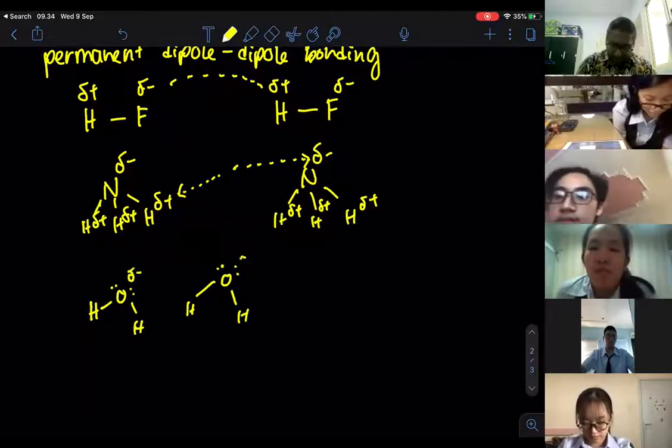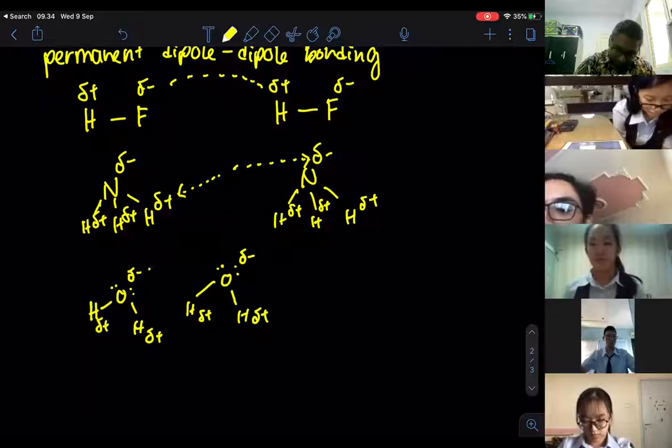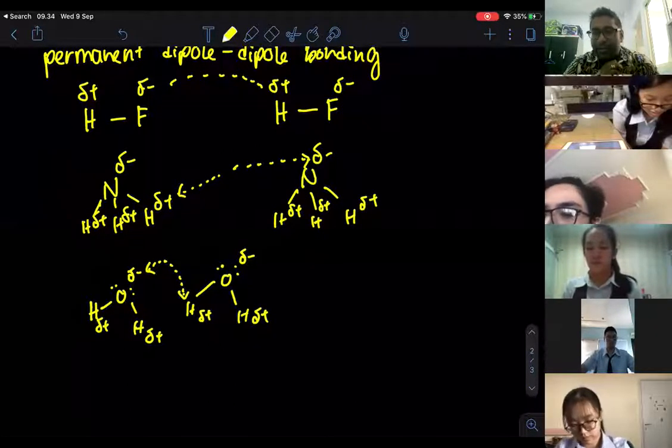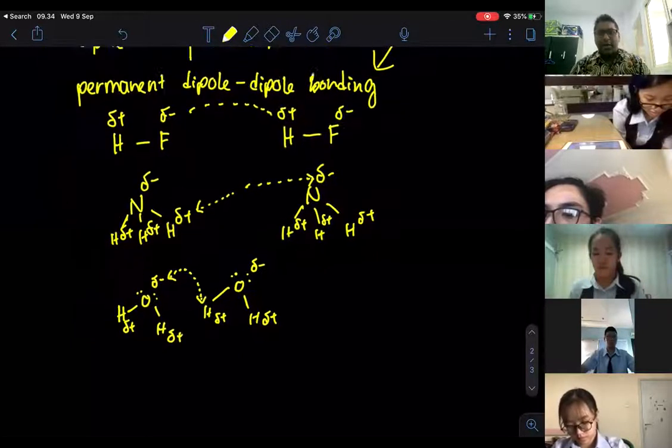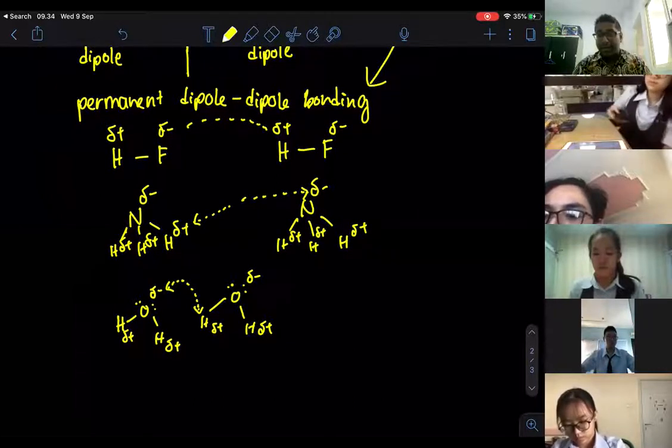Delta negative, delta negative, delta positive, delta positive. The bond between delta negative and delta positive is also known as permanent dipole-dipole. Basically the idea is any polar molecules, delta negative and delta positive from the opposite, can form a permanent dipole-dipole bonding.